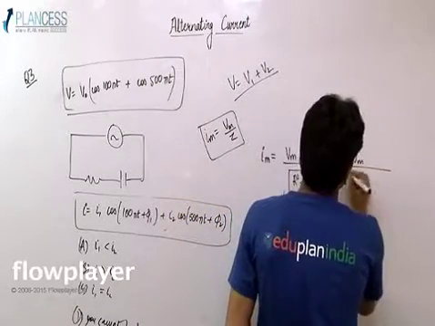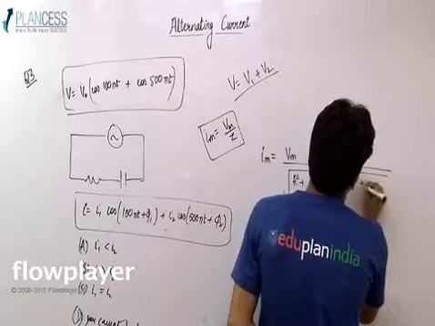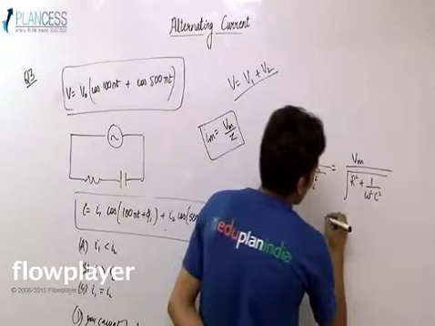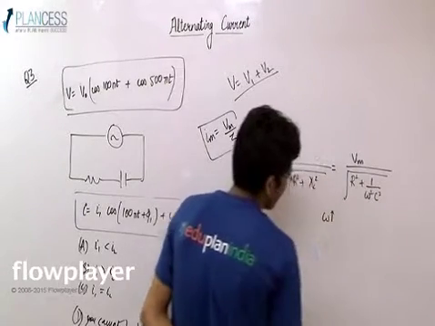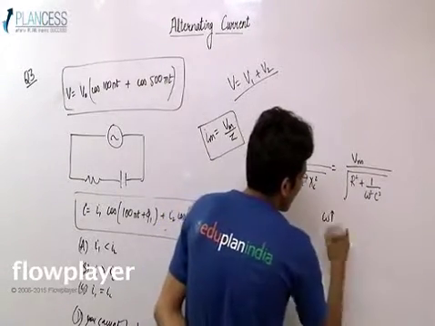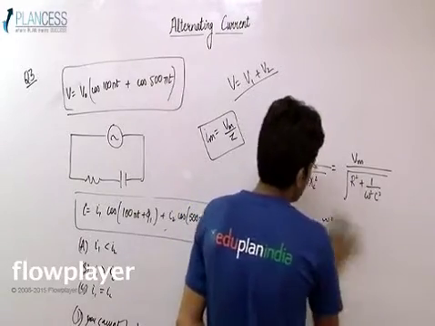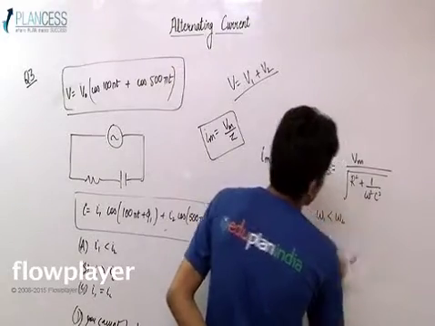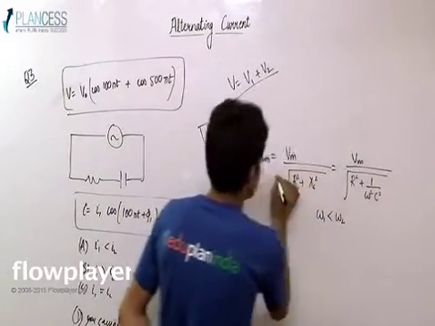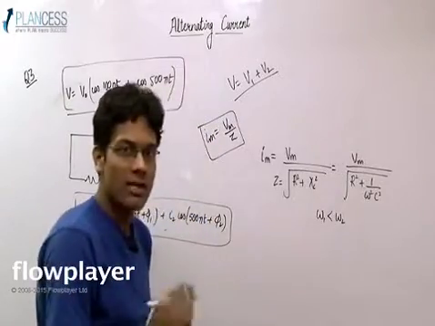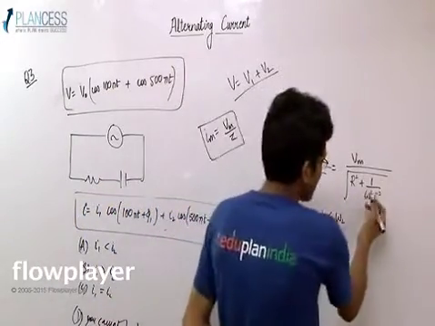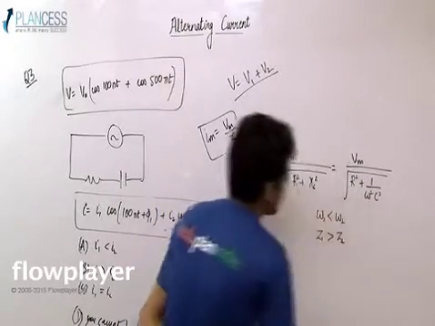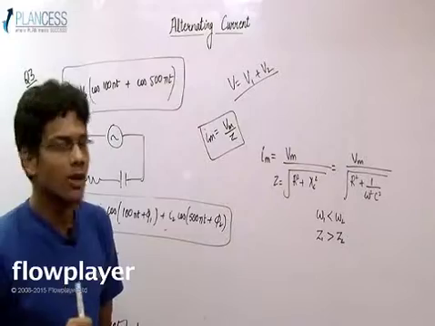So this is equal to V upon root over R squared plus 1 upon omega squared C squared, which I denote as Z. If omega 1 is less than omega 2, then since the denominator term is larger for the smaller omega, I can see that Z1 has to be greater than Z2, since omega 1 is less than omega 2.